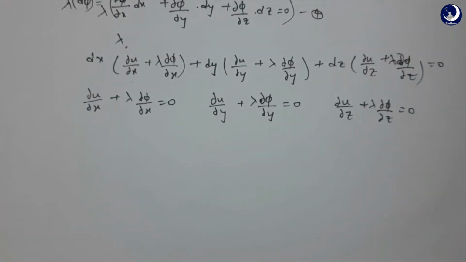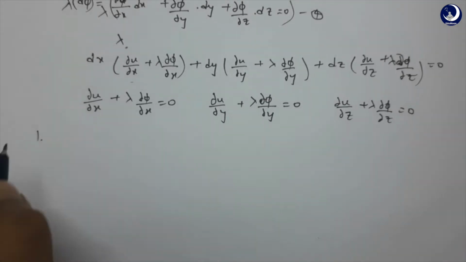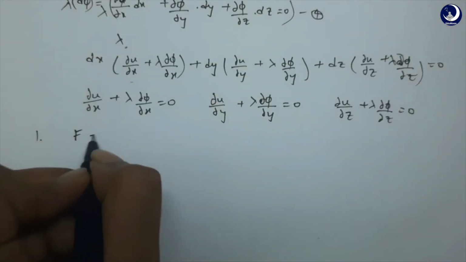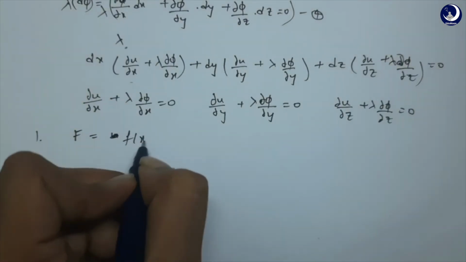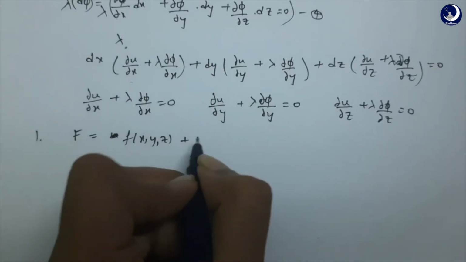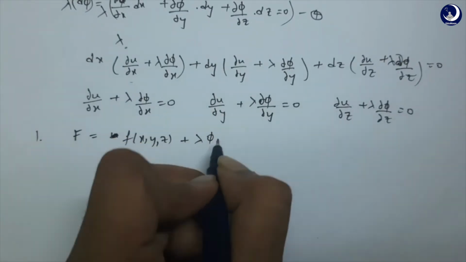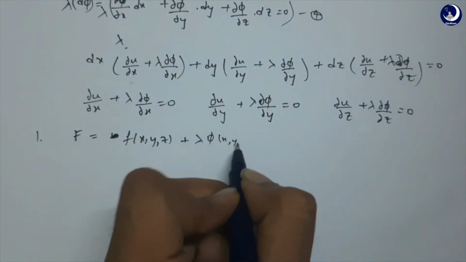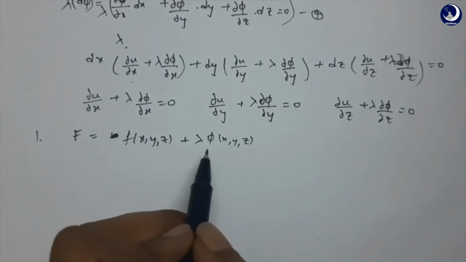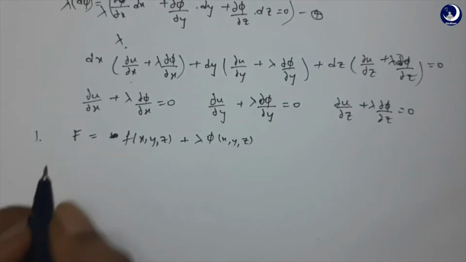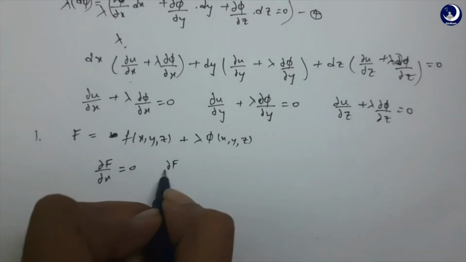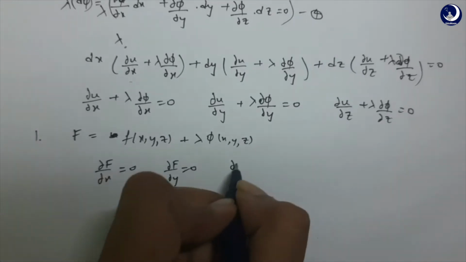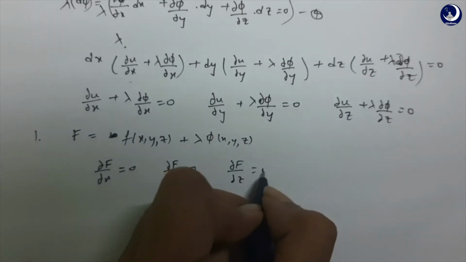So to do the Lagrange's method, let's see the working rule again. Our first step would be writing a new function F, which is basically equation 1 plus lambda times 2, that is F equals f of x comma y comma z plus lambda phi of x comma y comma z. Now after we do this, we are supposed to obtain the equations dou F by dou x equals 0, dou F by dou y equals 0, dou F by dou z equals 0.